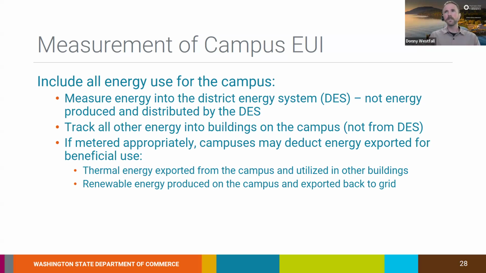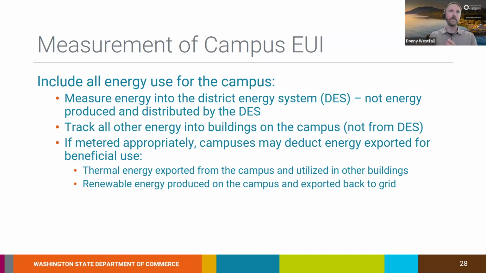Important things to note for tracking energy on a campus with the district energy system. We want to measure energy into the district energy system, not the energy produced and distributed by the district system. We need to account for all other energy consumption at the building level. So the district energy system is likely providing thermal energy through steam or hot water to buildings on the campus, but some of those buildings might have their own electricity meters that are fed directly into those buildings, right?